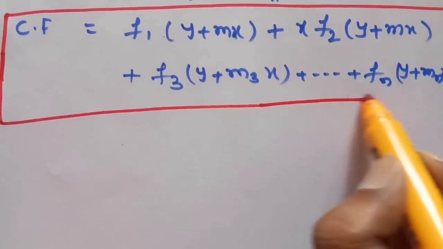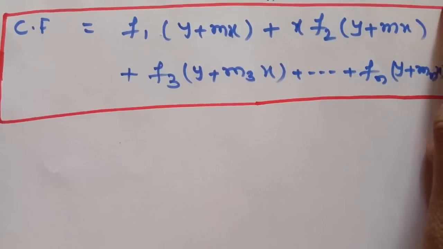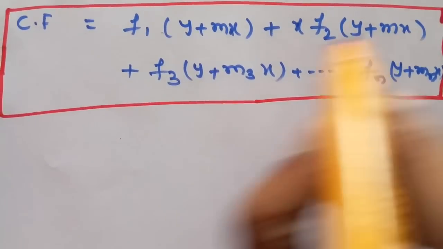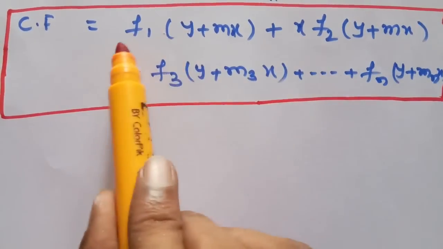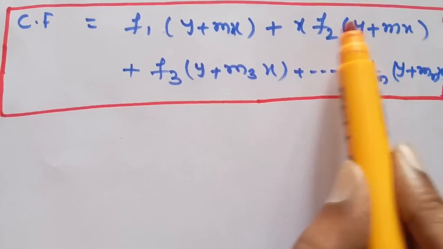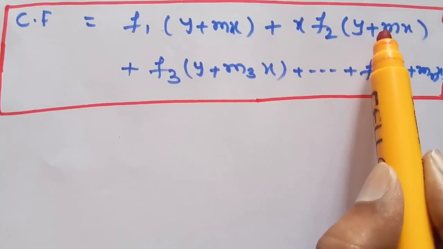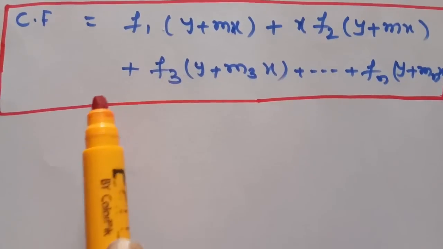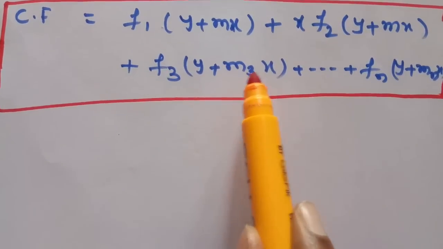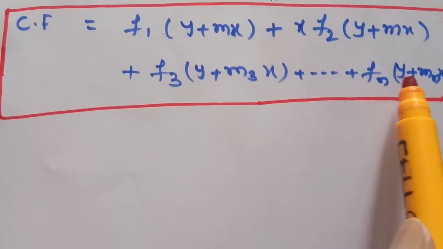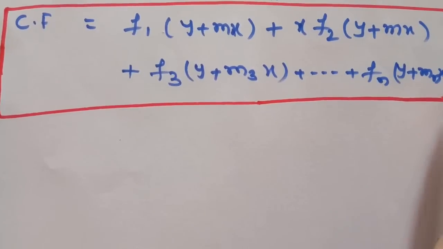If three roots are repeated the same, then the next term is x square into f3 of y plus mx, and other roots are different, so we get f4 of y plus m4x plus f5 of y plus m5x and so on, fn of y plus mnx.